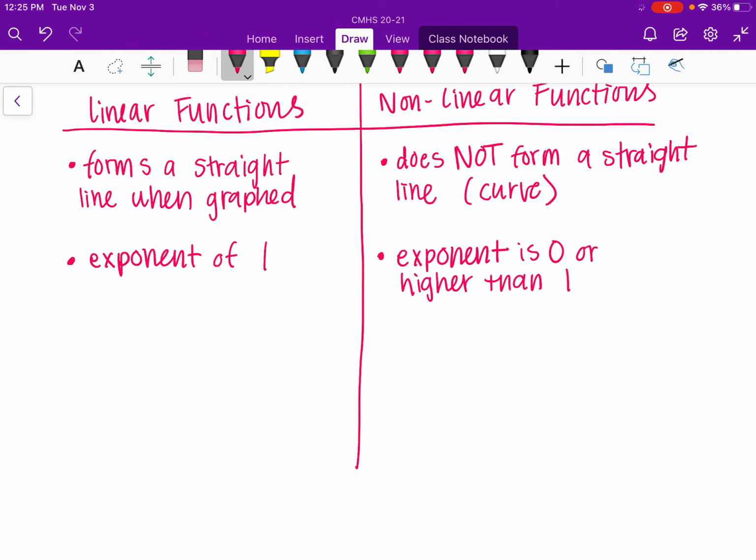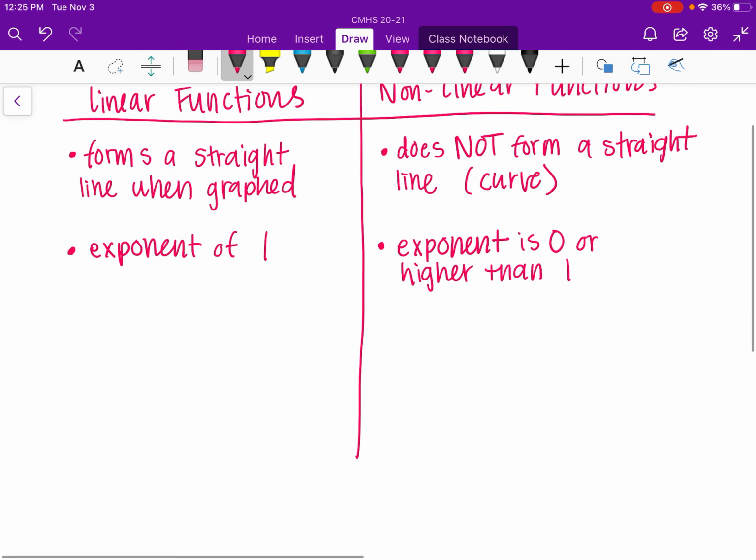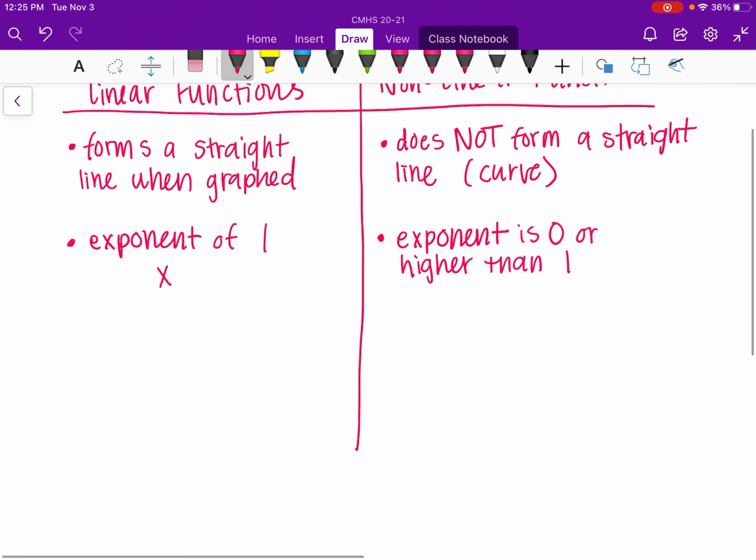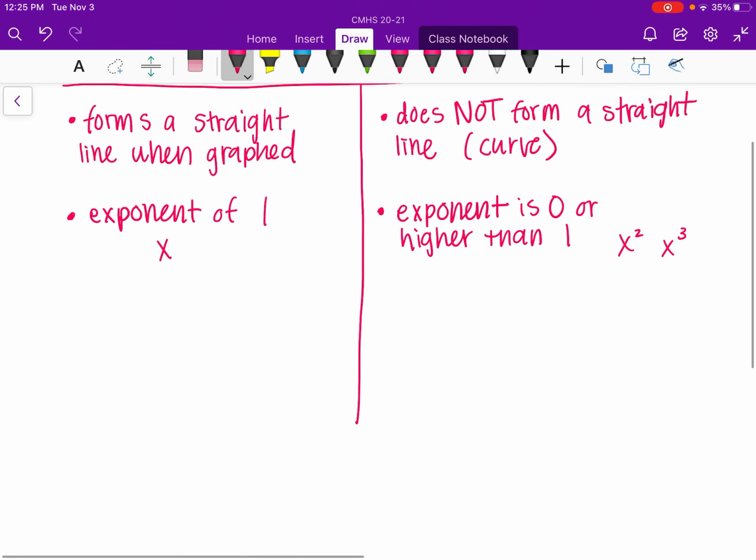So over here to the left, a linear function, the x is just going to be x to the first power, or the invisible 1. And over here, it's going to be x squared or x cubed, something higher than 1. So we'll get to that in a minute, like I said.